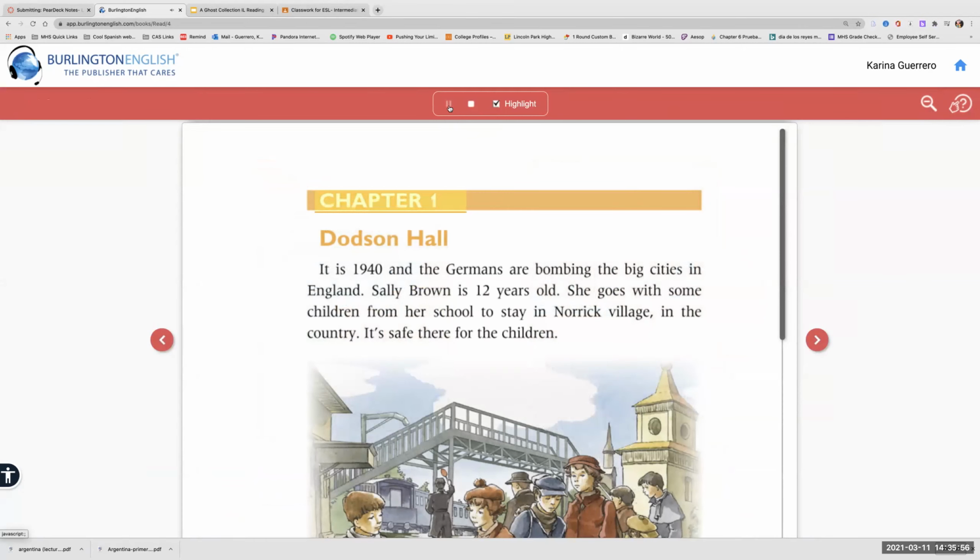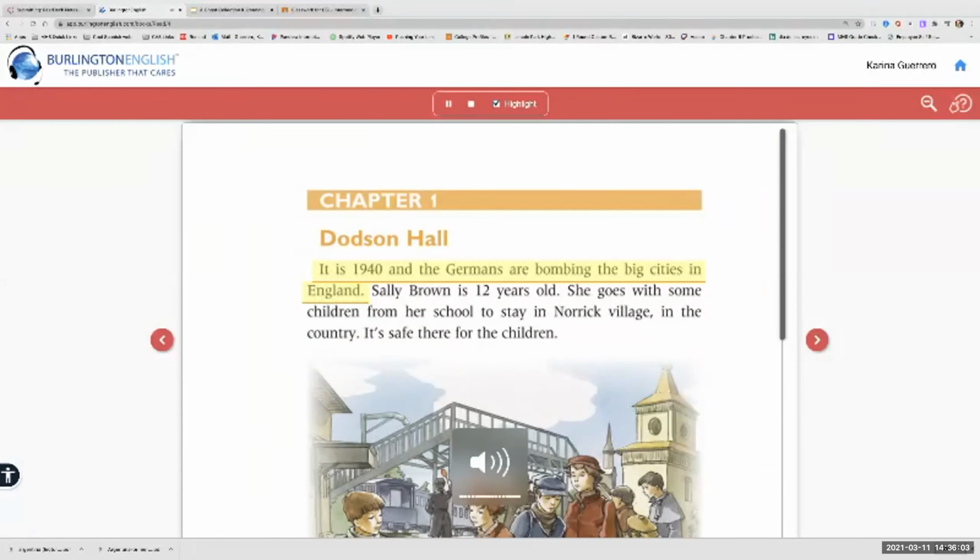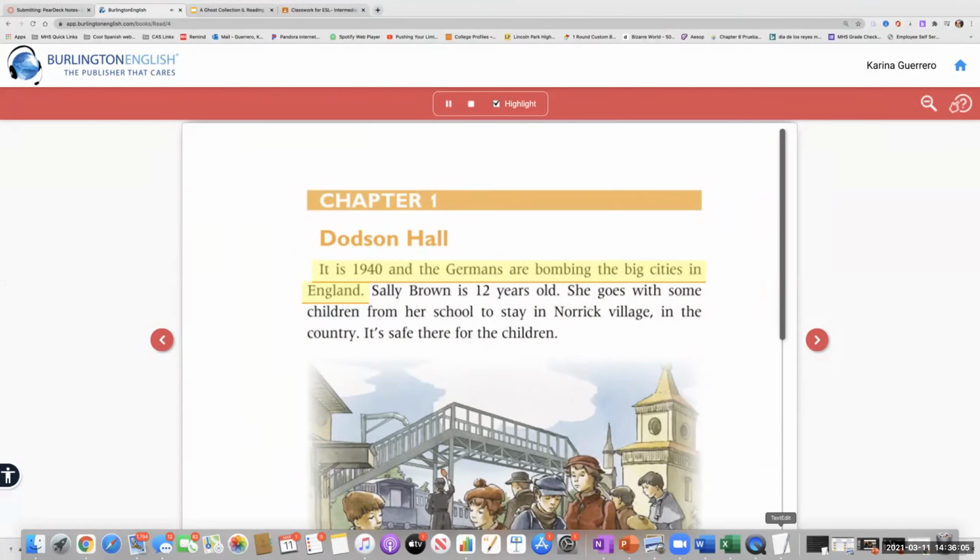Chapter 1, Dodson Hall. It is 1940, and the Germans are bombing the big cities in England. Sally Brown is 12 years old. She goes with some children from her school to stay in Norwich Village, in the country. It's safe there for the children.